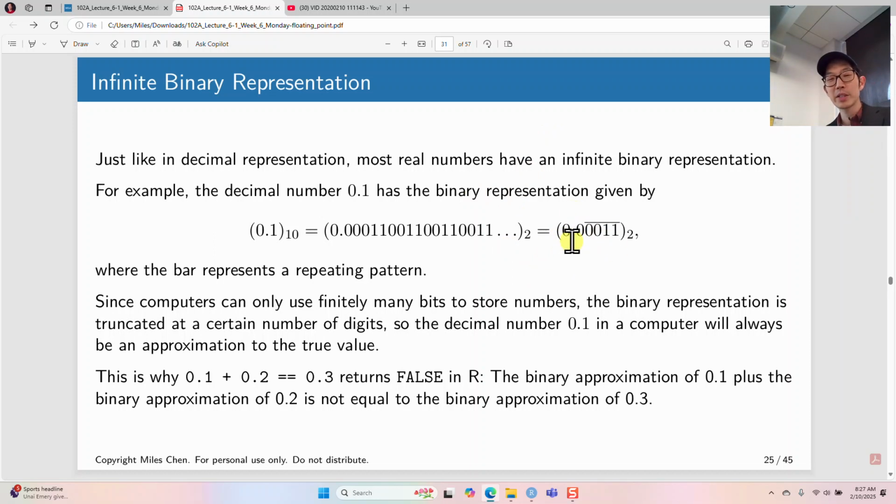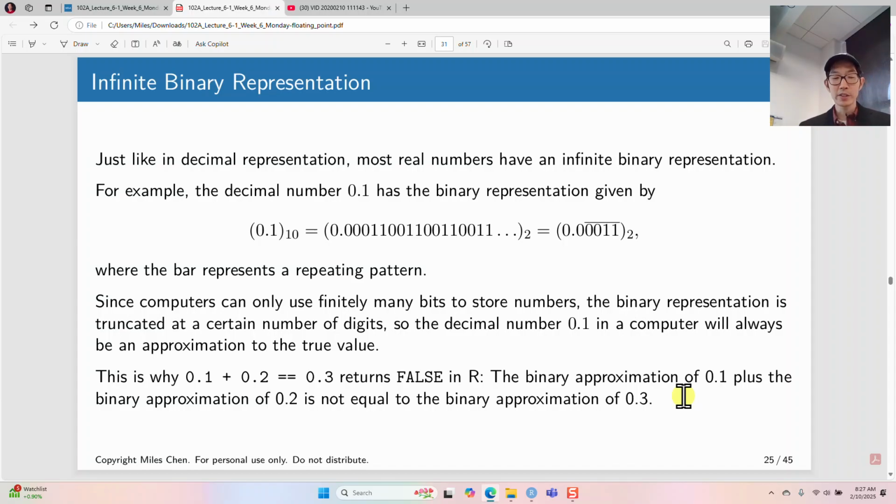And so we get an approximation to the value, and this is why 0.1 plus 0.2 is not equal to 0.3. That's because when you do the binary approximation of 0.1 plus the binary approximation of 0.2, you don't get the binary approximation of 0.3.